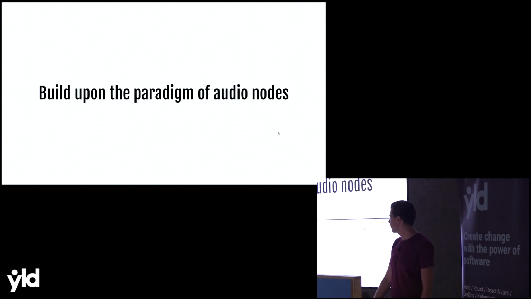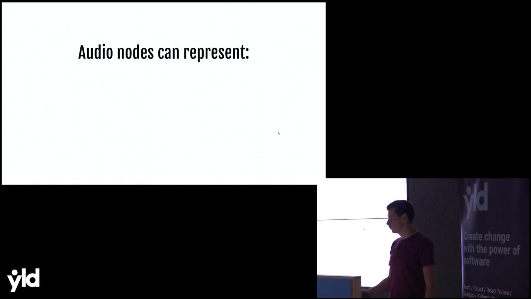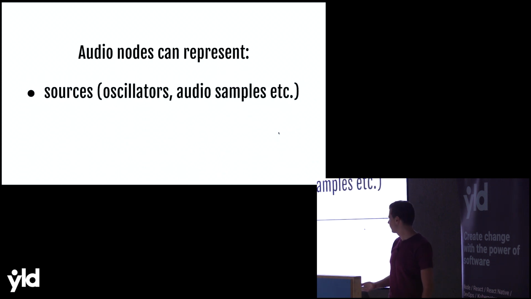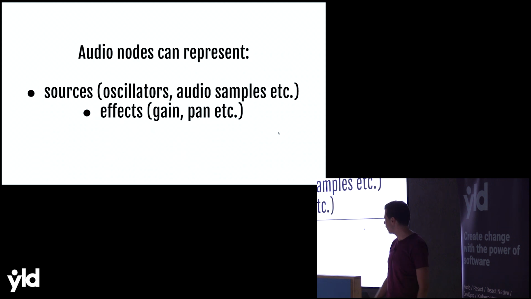It's built upon the paradigm of audio nodes. So audio nodes can be connected to one another to form an audio graph. And audio nodes can represent sources, such as an oscillator which generates a frequency of a certain wave, or it could be an audio sample, for example, an MP3.